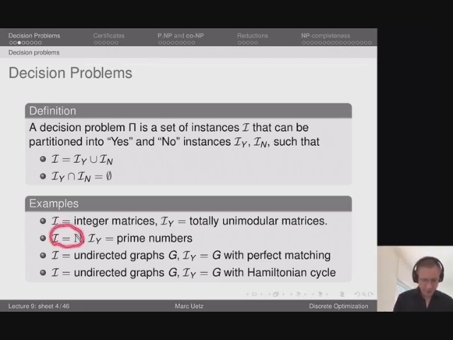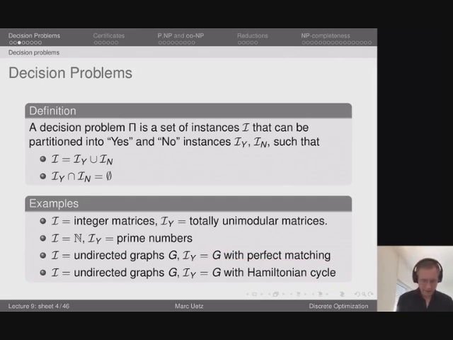Or if all my instances are the natural numbers, yes instances are prime numbers and no instances are composite numbers. Instances could be undirected graphs, and then yes instances are those graphs G which do have a perfect matching, where all the nodes of the graph are actually matched to a neighbor.